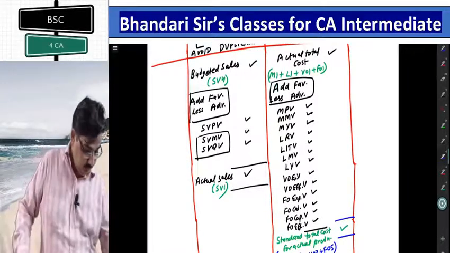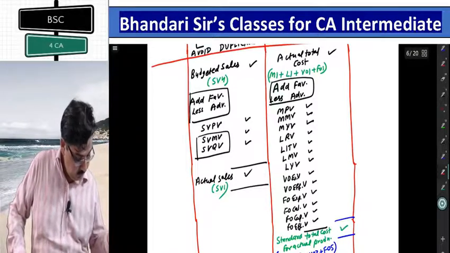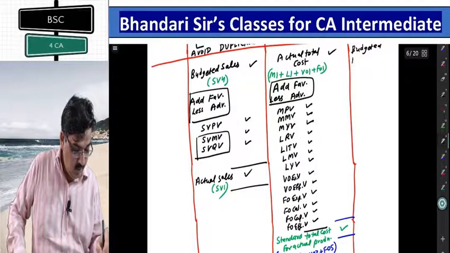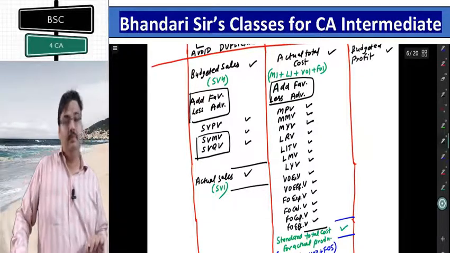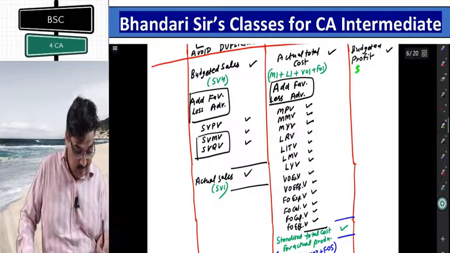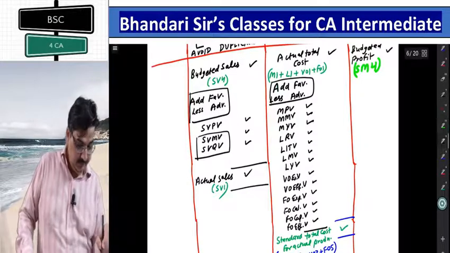Last, profit reconciliation. Start with budgeted profit. What is budgeted profit? Budgeted profit is SM4. That is budgeted profit.